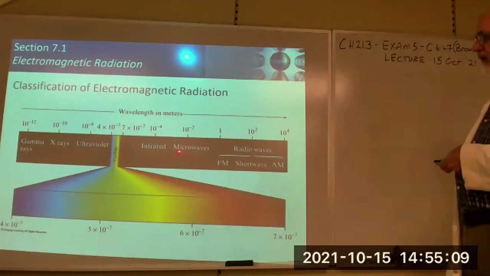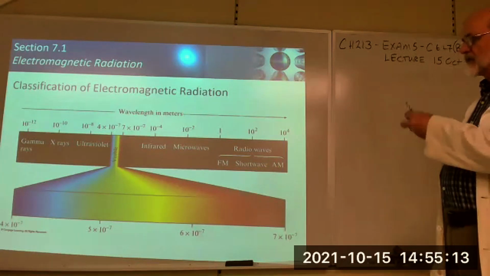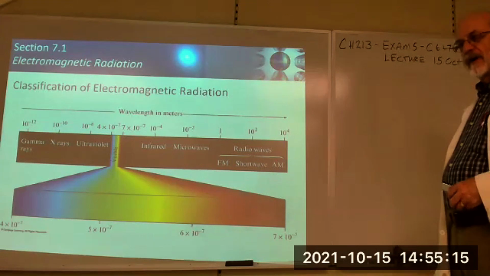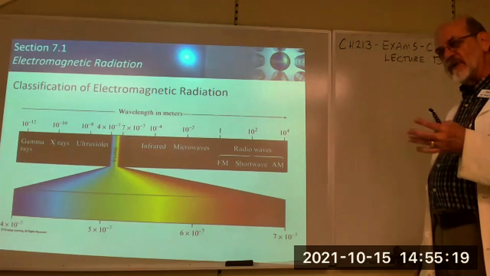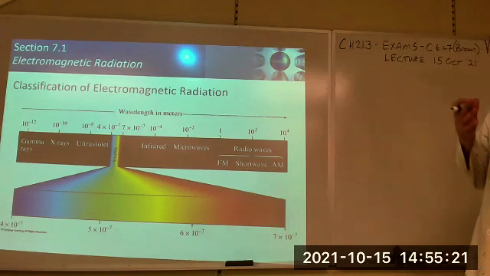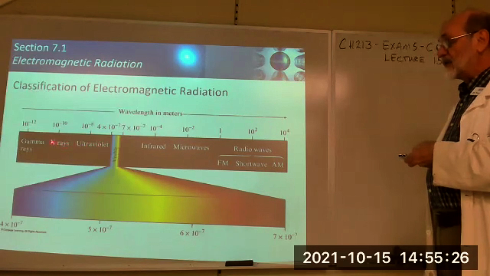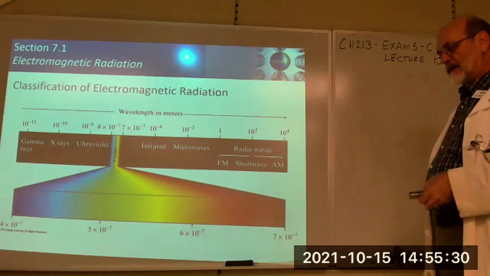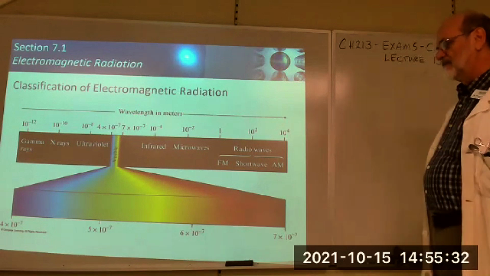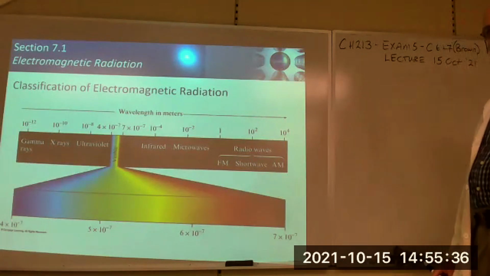Shorter wavelengths, ultraviolet, right? You give different sections of ultraviolet. For health reasons, they divide them into UVAs and UVBs based on their physiological effect. And then shorter wavelength than that is X-rays. We use those for non-invasive diagnostics.